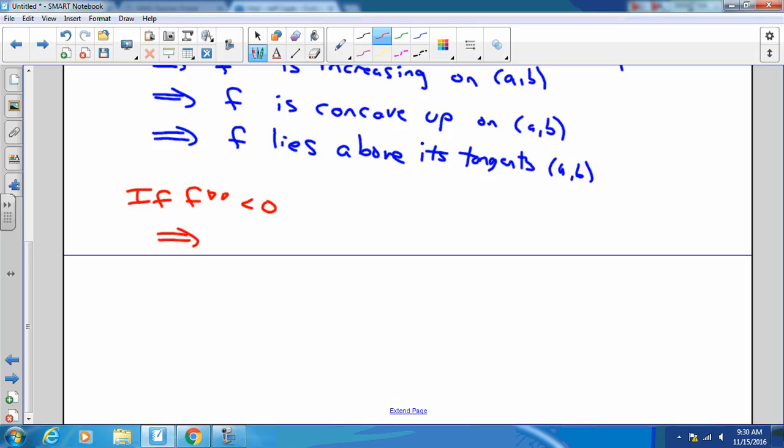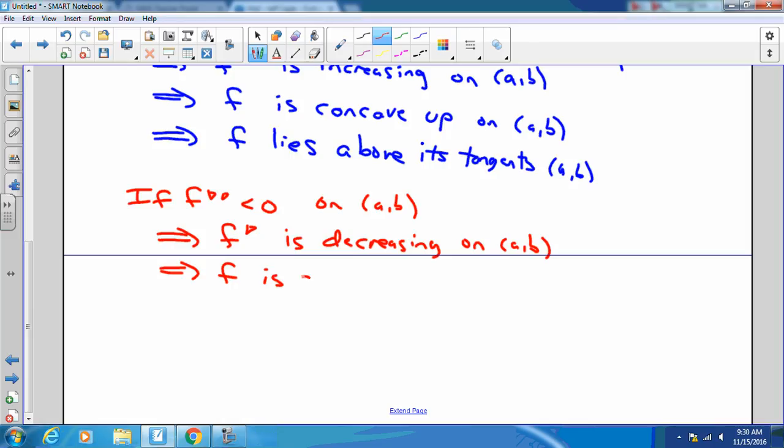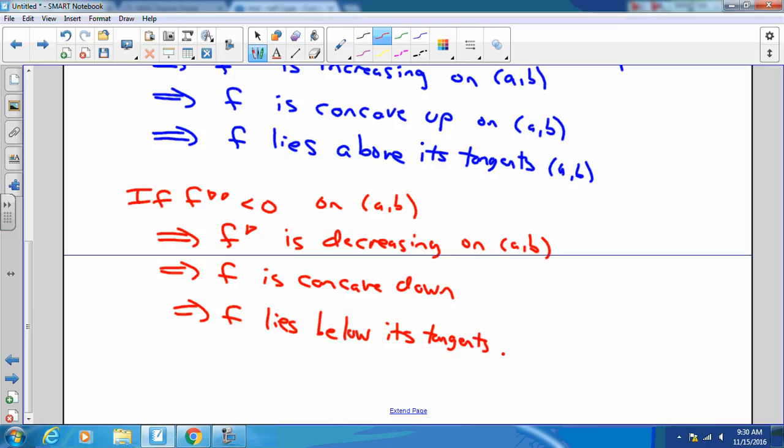If f double prime is less than 0, then the implications are exactly the opposite of above. f prime is decreasing, f is concave down, f lies below its tangents.